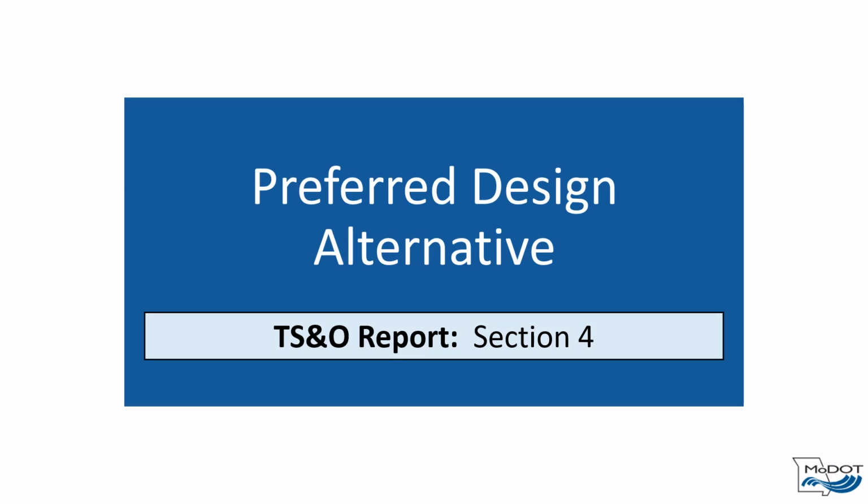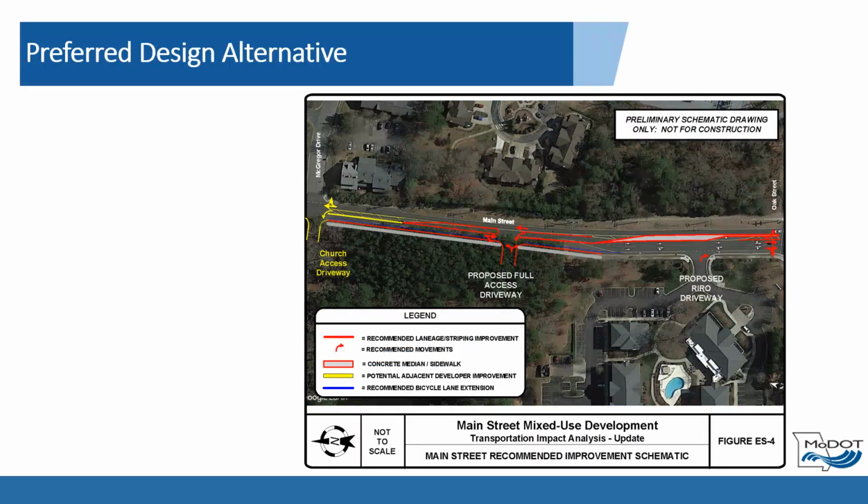TS&O Report Section 4 summarizes the preferred design alternative. TS&O Section 4 should be used to recommend a preferred design alternative and discuss how that design alternative may be implemented.